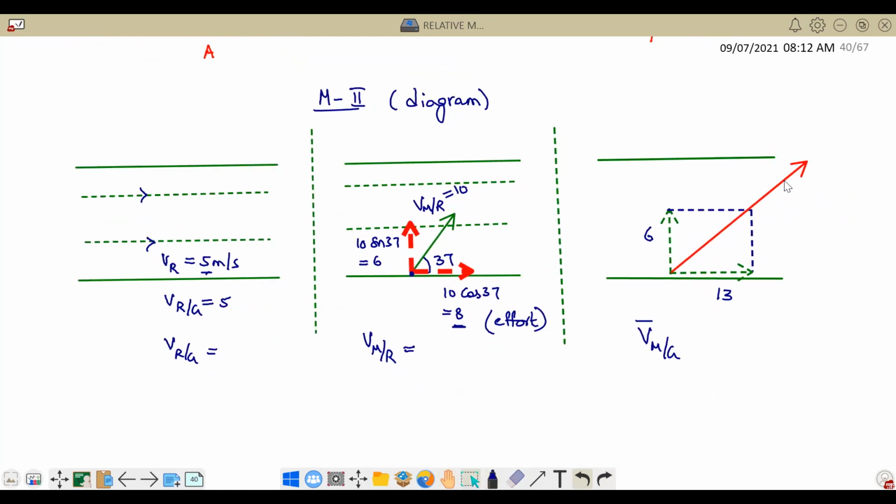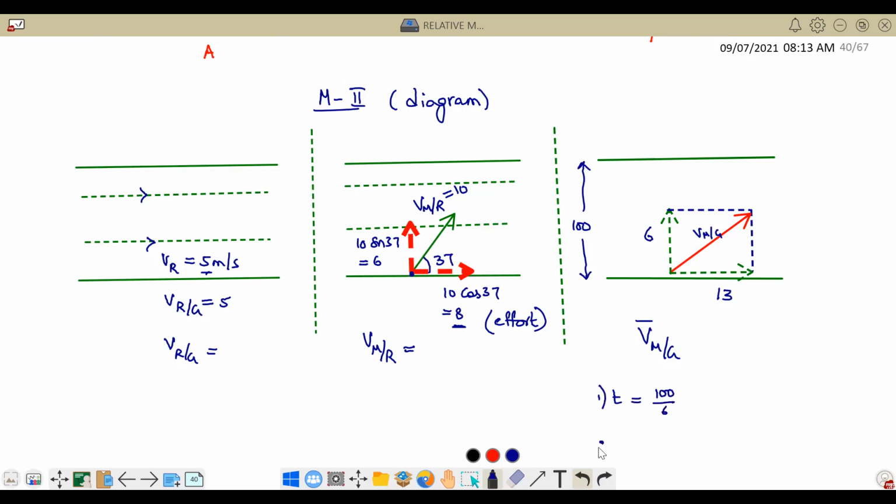Velocity of man with respect to ground. Yeah, this is the velocity of man with respect to ground. Now you don't have to write anything. Now see here, this distance is how much? 100. So time is 100 by 6. Yeah, you got it directly.